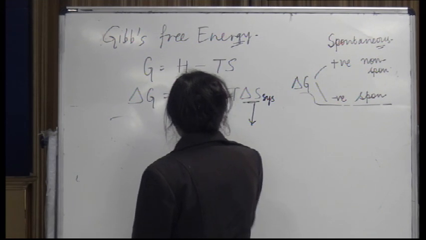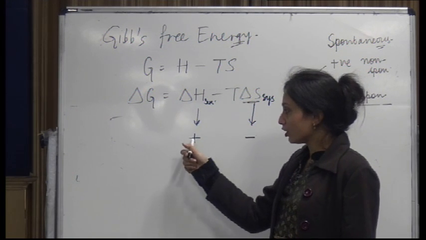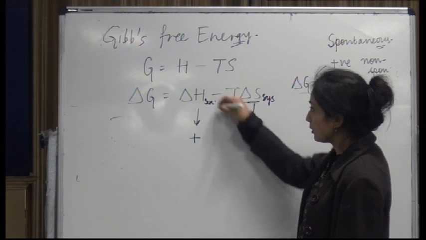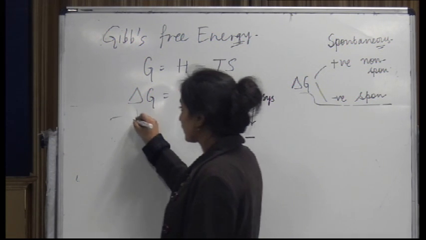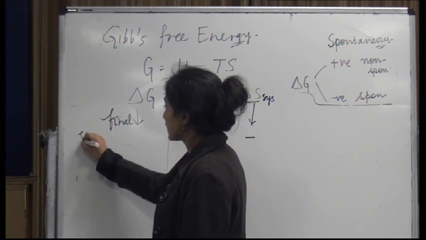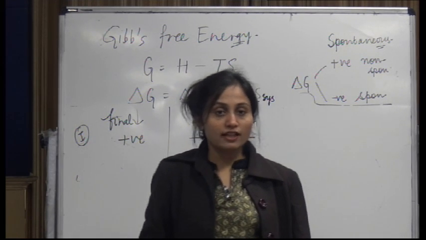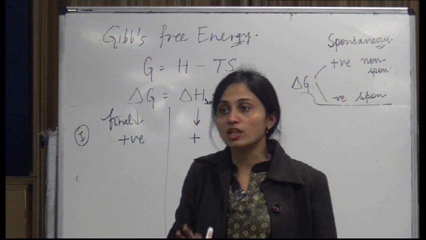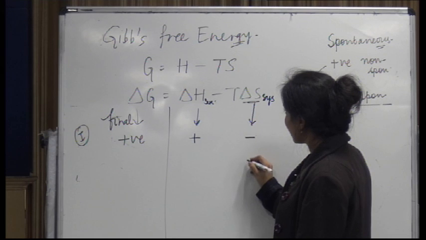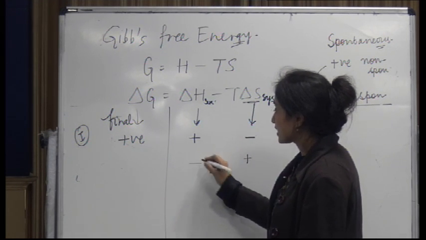When delta S is positive and delta S is negative. ठीक है, अगर ये पॉजिटिव है तो इसका मतलब ये तो पूरा टोटल पॉजिटिव है, और अगर delta S नेगेटिव है तो ये भी टोटल पॉजिटिव हो गया. This means that my delta G, this is the final column, is this one. Alright, so this case would mean that my delta G will always be positive. That means the reaction will always be non-spontaneous. ठीक है, अब ऐसे ही हम सोच सकते हैं इसमें, जब मेरा delta S is positive and my delta H is negative.